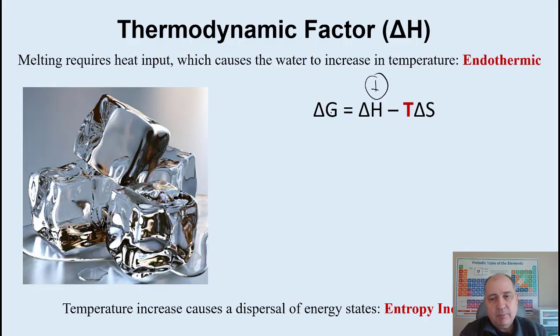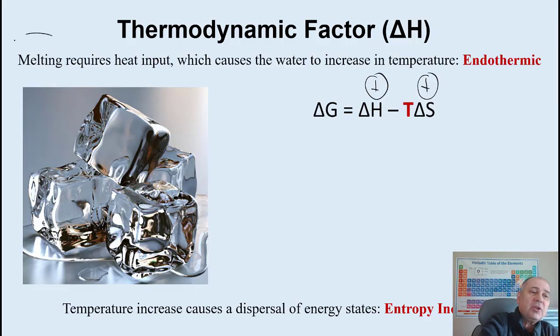and not favorable. But a heat input also causes a dispersal of energy or particles, which means we have a positive delta S. And so we all know that the freezing temperature of water controls whether this process is spontaneous or not, right? So if you are below 0 degrees, freezing will be spontaneous, and if you're above 0 degrees, melting will be spontaneous, right?